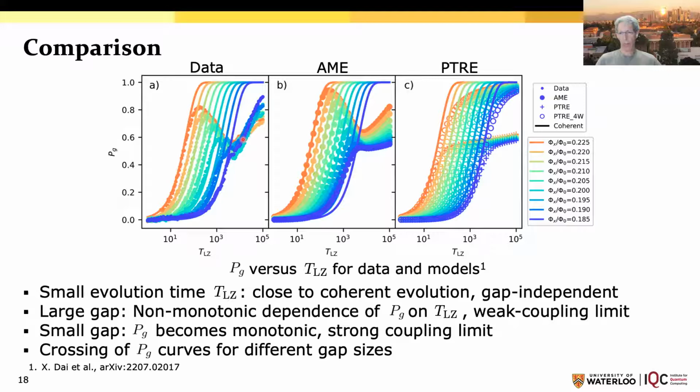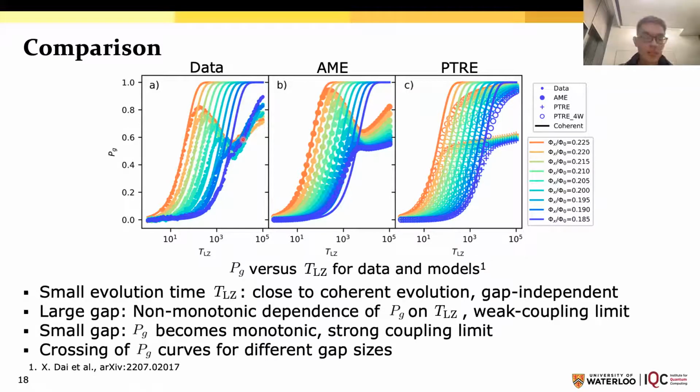Whereas the PTRE seems to not do a very good job overall, because it misses both the short and the long Landau Zener times. So it seems like what is missing here is a model that can capture this inversion of the order of the curves at long Landau Zener times. Is that fair? Yeah.